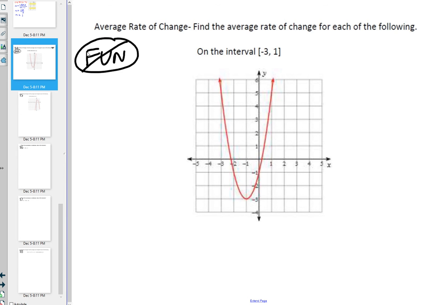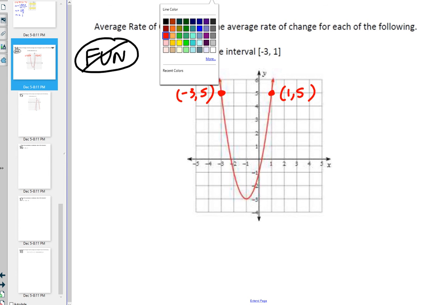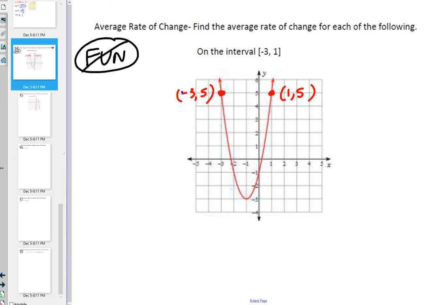When x is negative 3, it might be hard for you to see, y is 5. And when x is 1, y is also 5. You should be able to get away with this one without even using the slope formula, because if you connect those dots, it's a horizontal line.